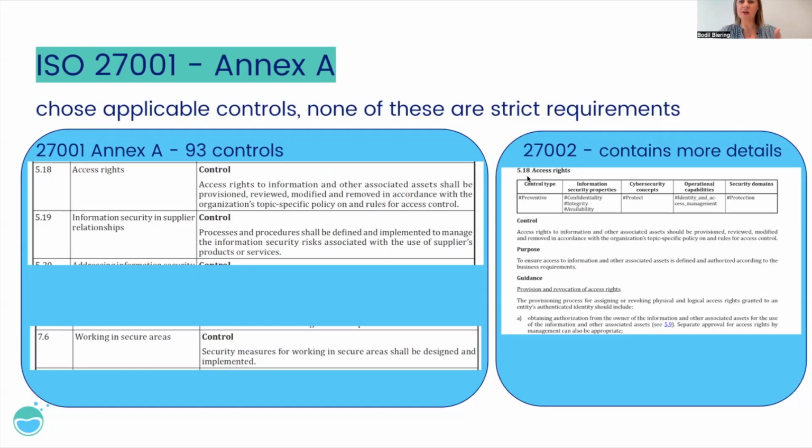Okay, how do I actually implement this control 5.18? It folds out the text here and gives you more guidance. I'm just showing some of the text, how it looks. So here you get some more information and you can use that to actually implement it.